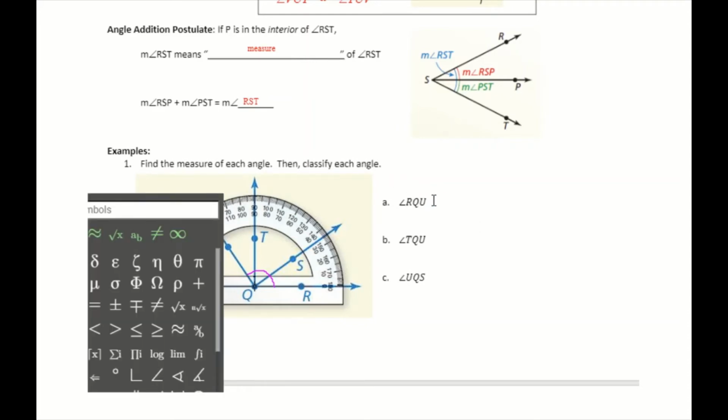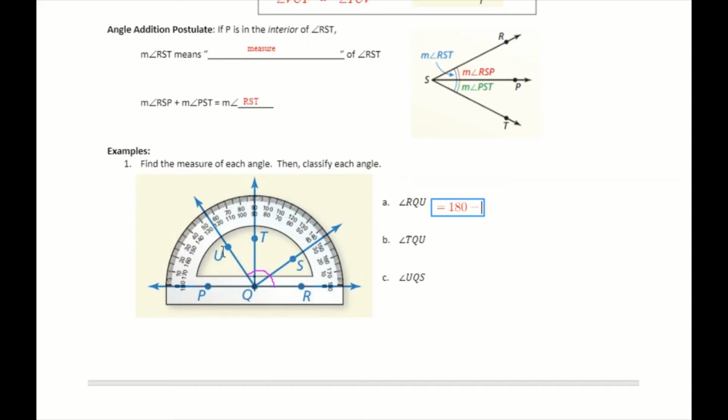So RQU would equal, okay, where is RQ? That's pointing at 180. 180 minus, over here looks like 55. Okay, so 180 minus 55 is, break out the old calculator here, don't want to make any mistakes, 125 degrees.